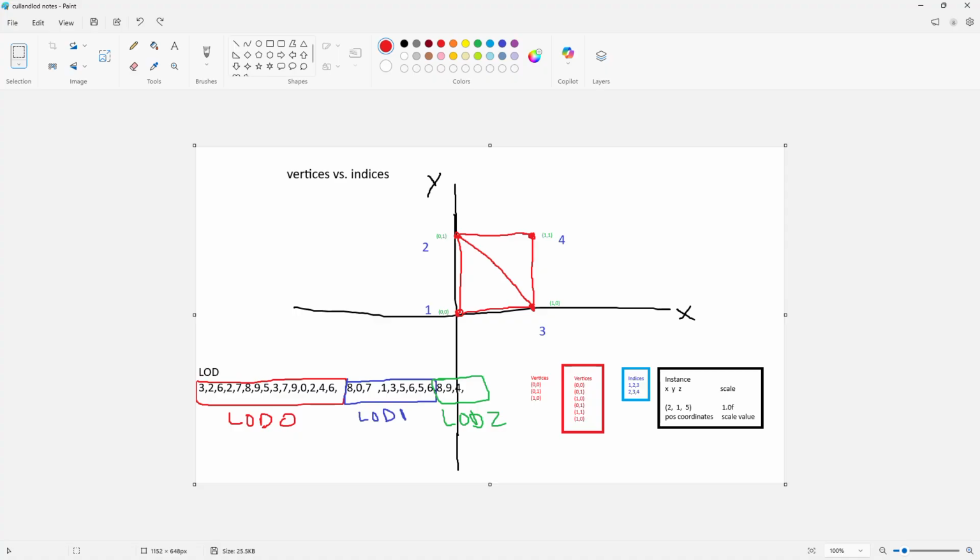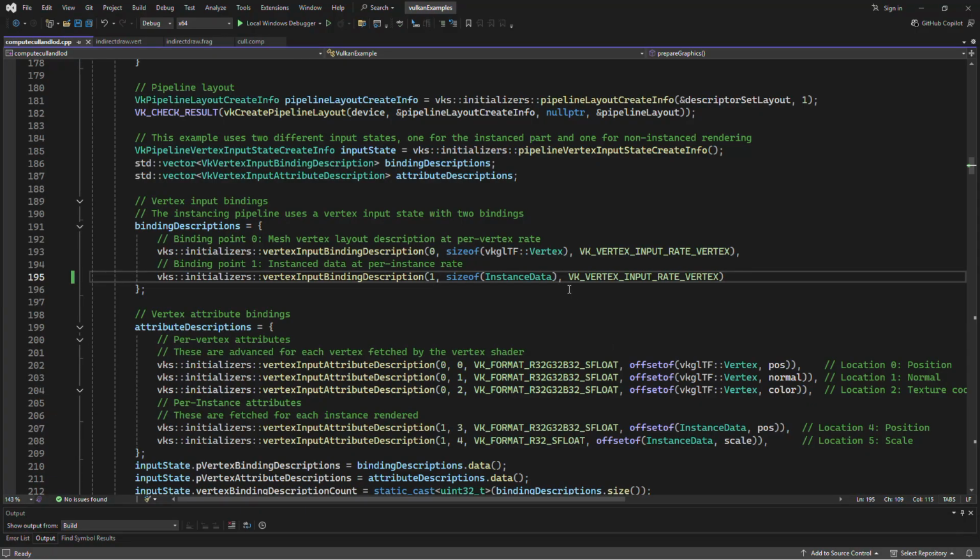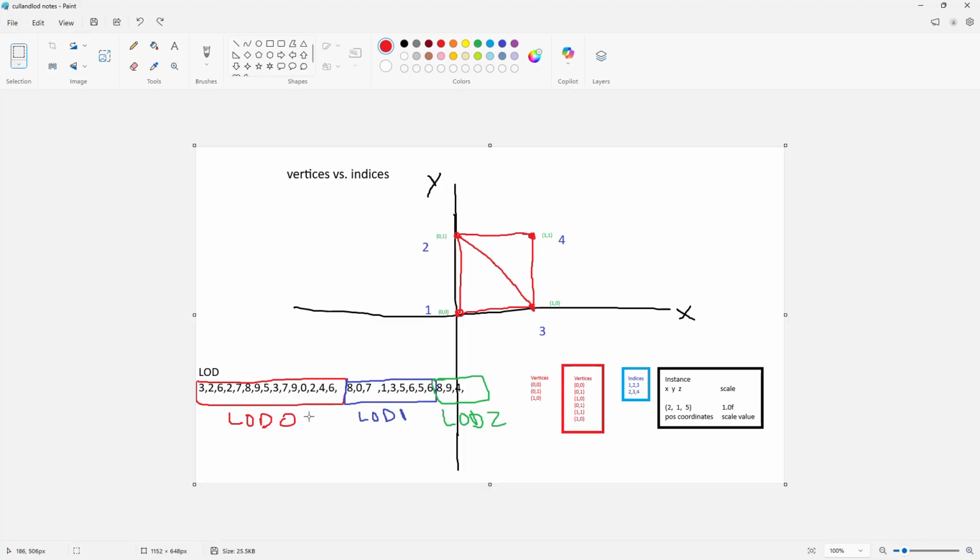But what if we now change it, so that instead of being per instance data, we go to per vertex data? Remember, our vertex data is way longer than the instance data.